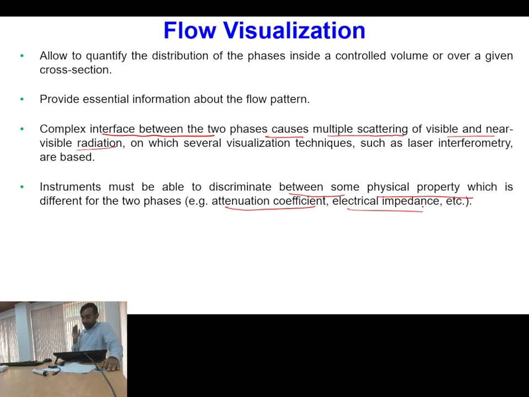Now we need to extend these methods for measurement of local phase distribution function, such that the information of local phase distribution function is simultaneously known at the majority of the points of the cross section.